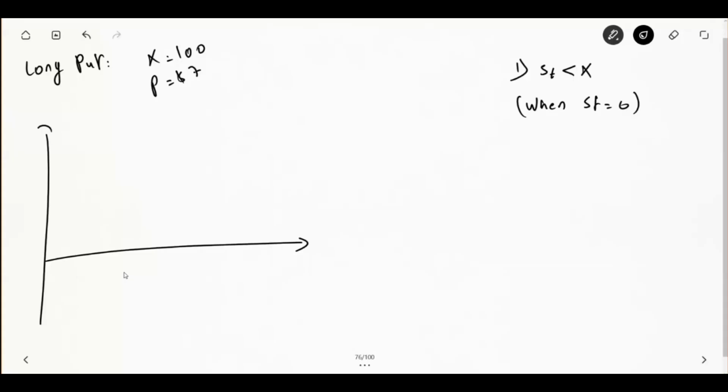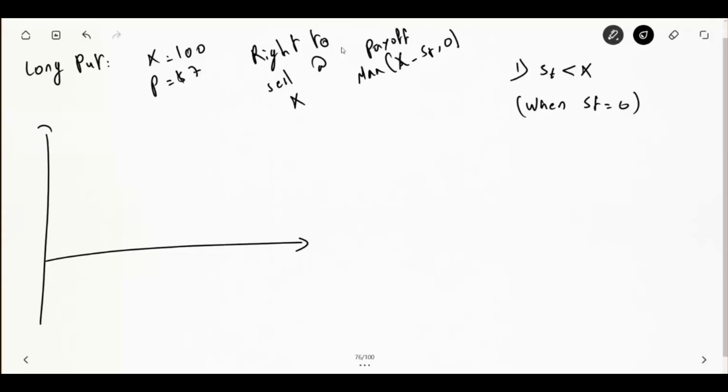Now, for the party with the long position, the put gives you the right to sell at X. In this case, your payoff is going to be the maximum of X minus ST and 0. So this is the payoff.